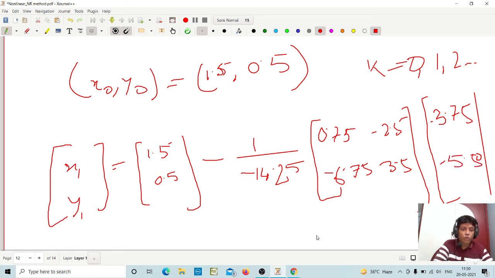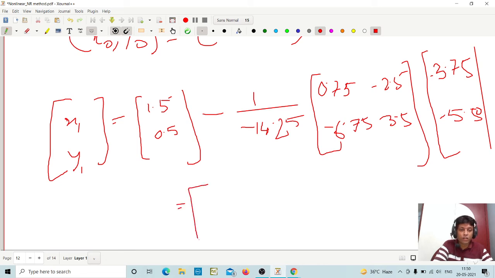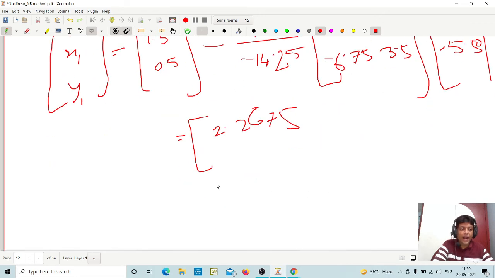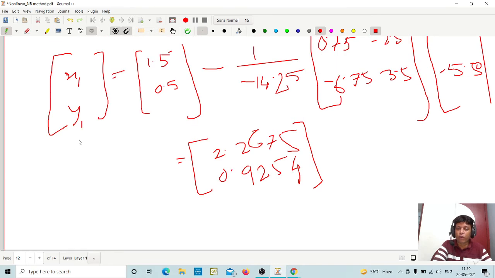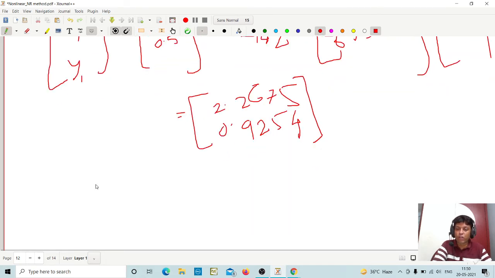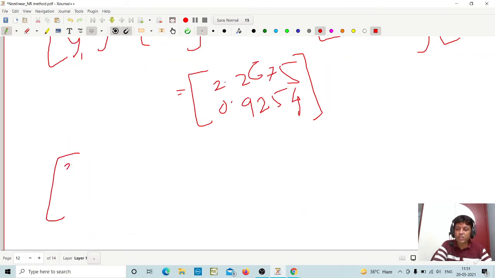Okay. So ultimately you have, after calculation, 2.2675 and 0.9254. That's it. So you have x1, y1. So next iteration is x2, y2. So this one is required for that.